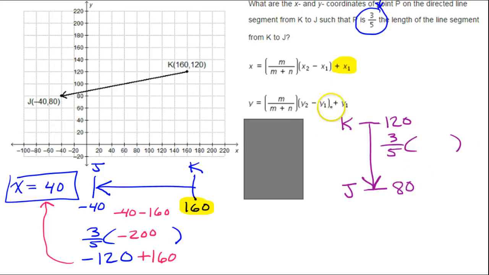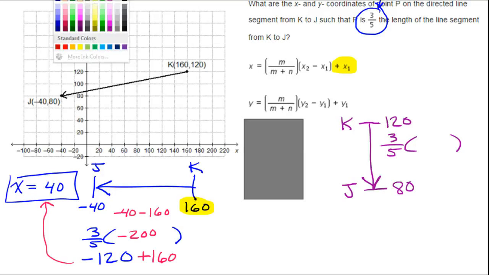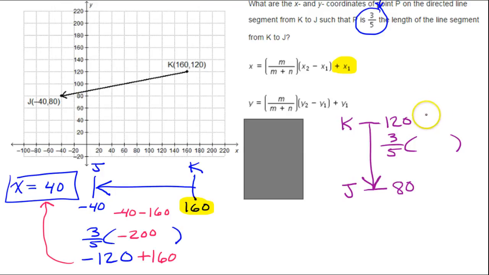Again, to get the total distance, I do the second one minus the first one. That's what this part of the formula is saying, second minus first. So I always do that off to the side. So I'm doing 80 minus 120.